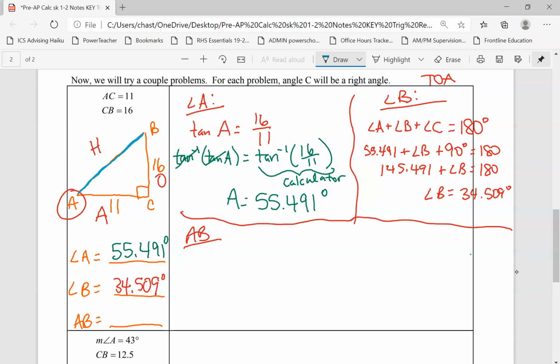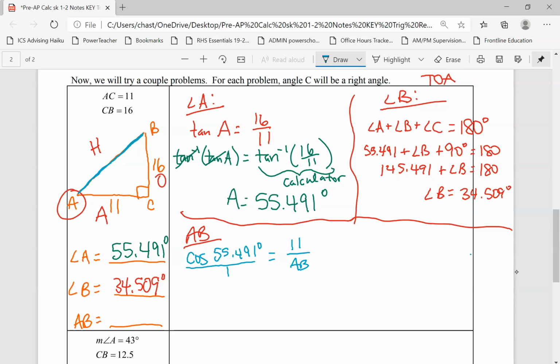I know both of the other sides, so I'm going to just do cosine. Cosine of angle A, which we now know is 55.491 degrees, will be equal to the adjacent side, which is 11, over the hypotenuse, which is segment AB.